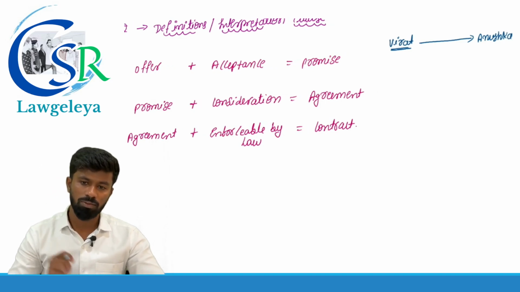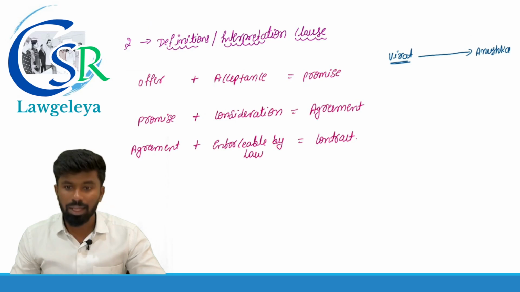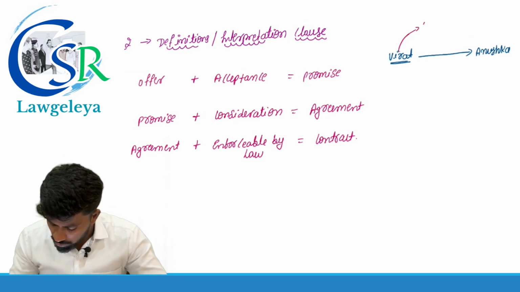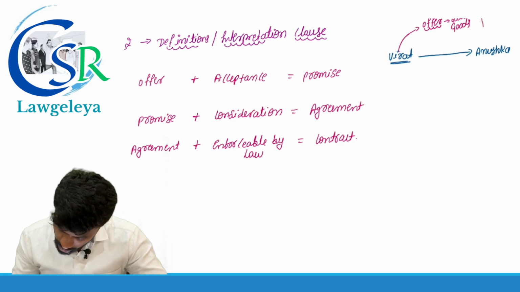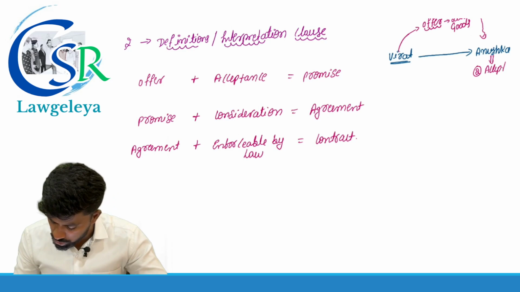One is Virat, another one is Anushka. Now Virat wants to sell his car. He has a car, or let's say he has some goods. So now what does Virat do? He makes an offer. Who makes an offer? Virat makes an offer to sell the goods. Sell the goods to whom? To Anushka.